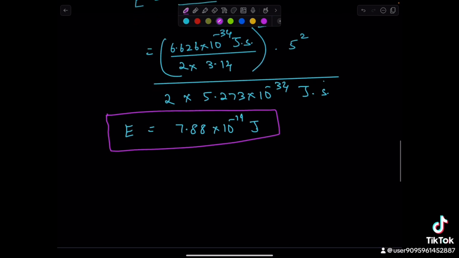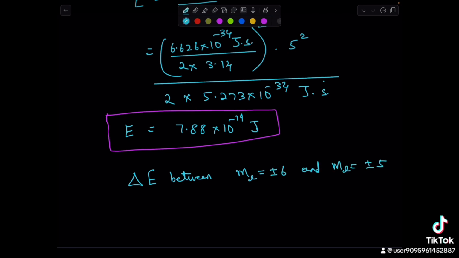For part B, calculate the frequency of radiation that can induce a transition between the highest occupied and lowest unoccupied levels. We have to find delta E between m_l equal to plus or minus 6 and m_l equal to plus or minus 5.